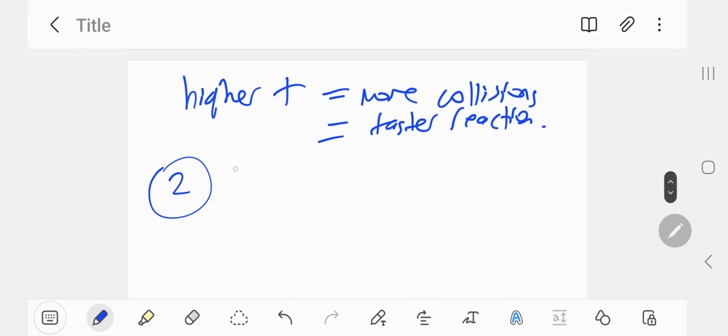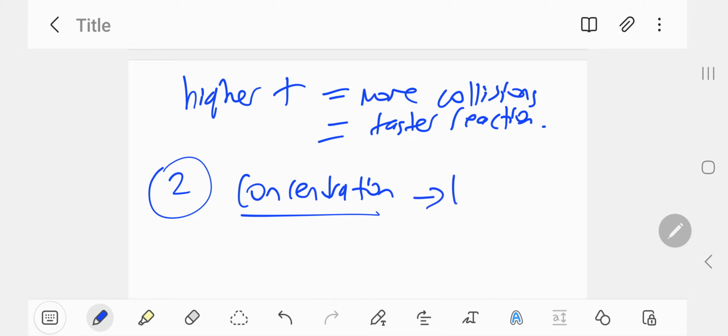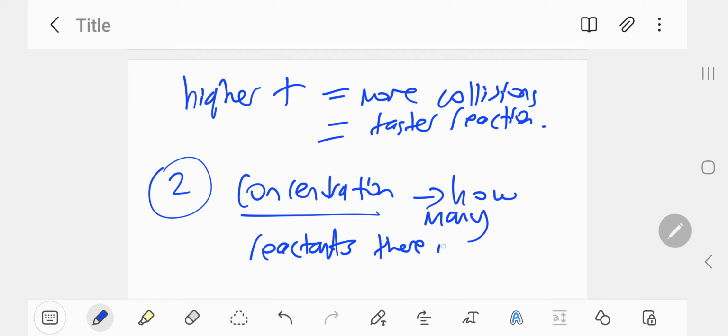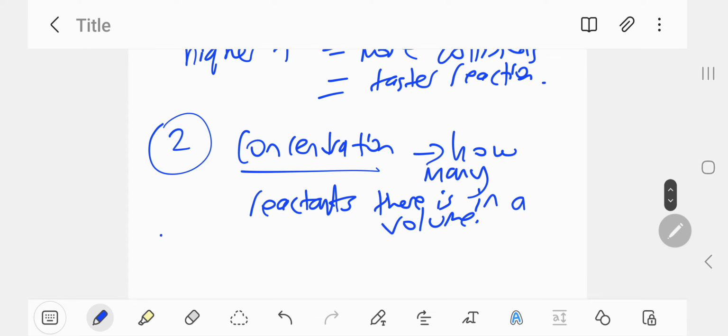The second way to increase the rate of reaction is to increase the concentration of a substance. Concentration is basically how much stuff, how many reactants, I should say, there is in a volume. Suppose I have a cup, a beaker. The volume is basically a cylinder.